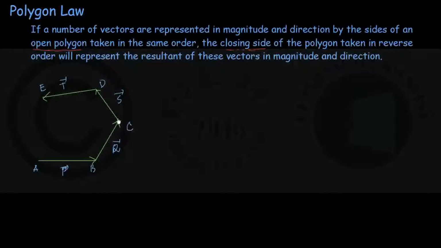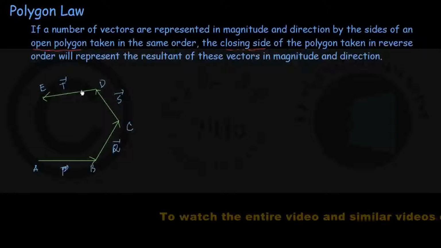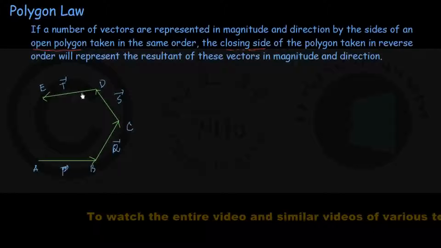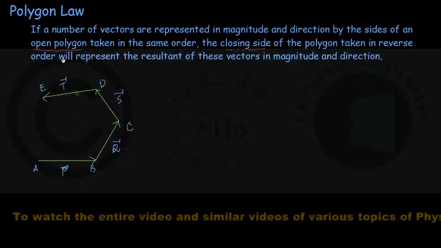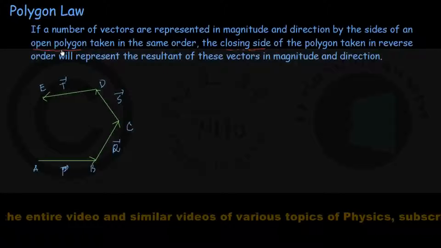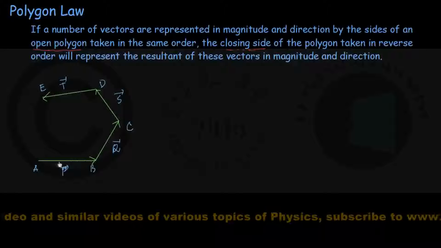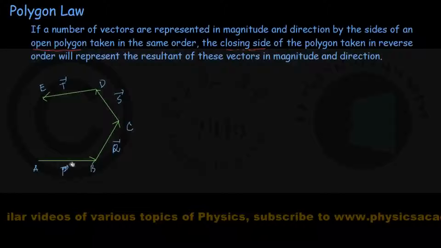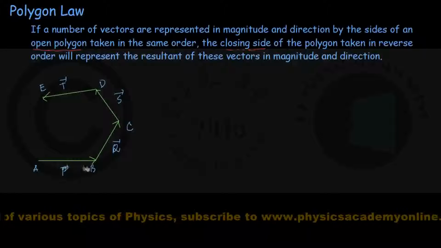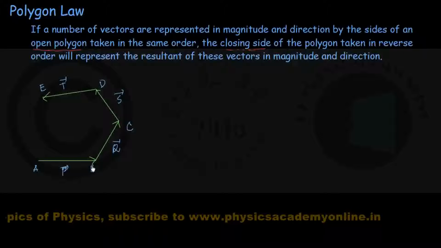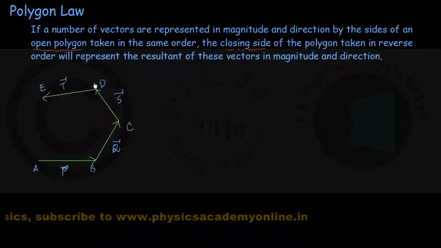Similarly, the lengths BC, CD, DE represent magnitudes of Q, S and T, and the directions BC, CD, DE represent the corresponding directions of Q, S and T. And they have formed till now an open polygon in the same order that I already ensured by making sure a previous vector's head must coincide with the next vector's tail, and that we proceeded.